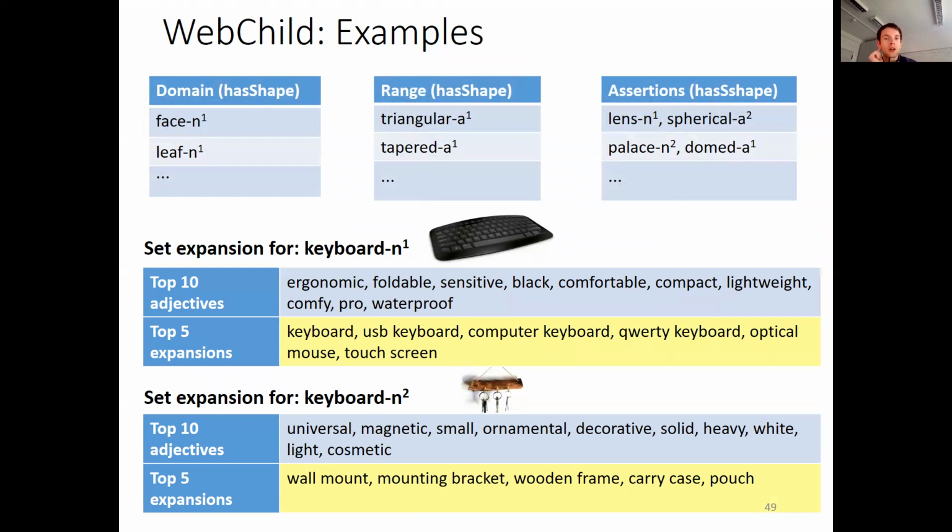And one can also use this knowledge base to do set expansion. So given the subject, which other entities share similar properties, and so we see that the sets are very different. So USB keyboard, computer keyboard, QWERTY keyboard, and so on, versus wall mount, wooden frame, and so on.